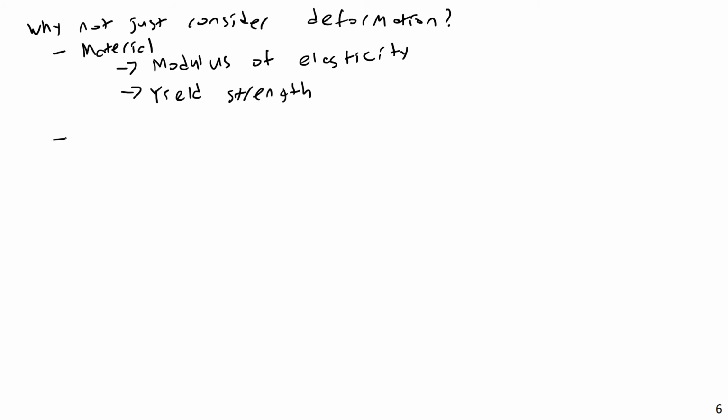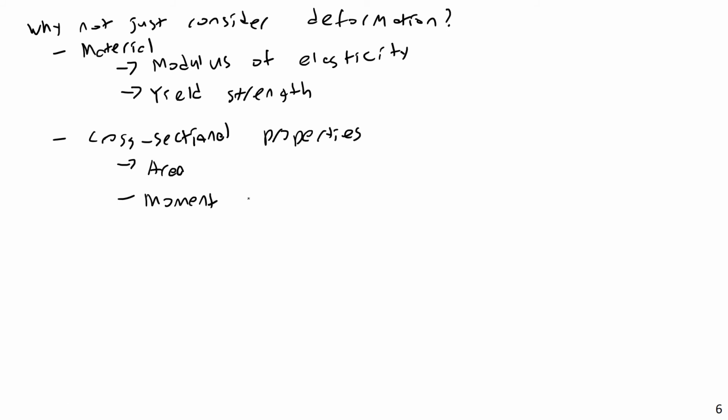And you'd have to consider some things that we call cross-sectional properties. These include things like cross-sectional area and moment of inertia. Now, you wouldn't need to use moment of inertia in particular when you're doing certain designs, but you often need to when you're dealing with other things.